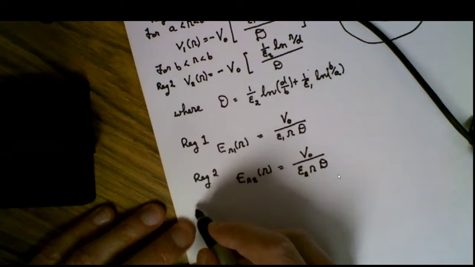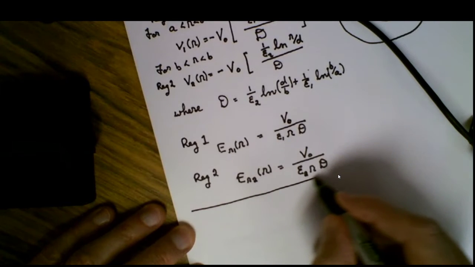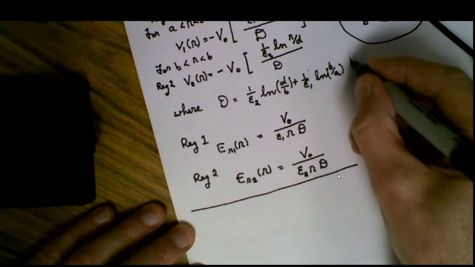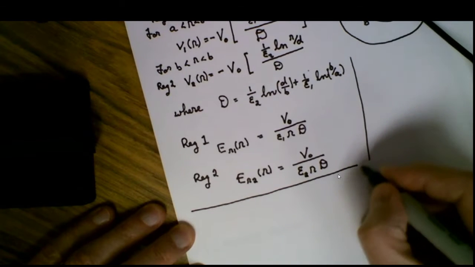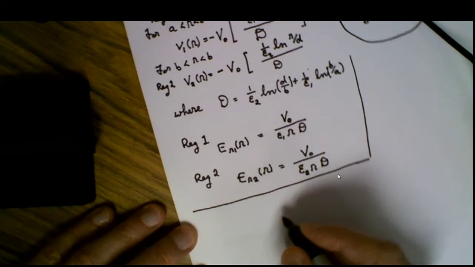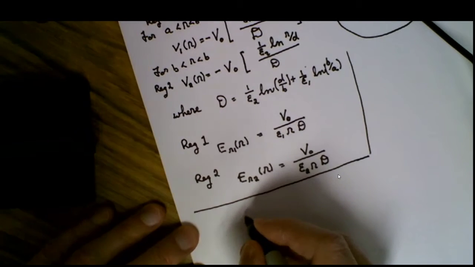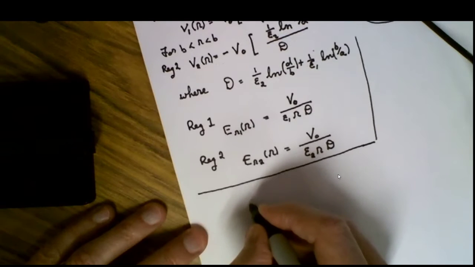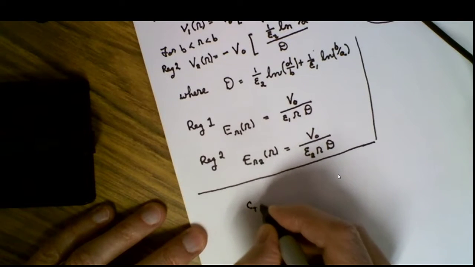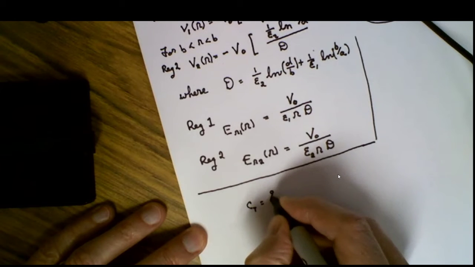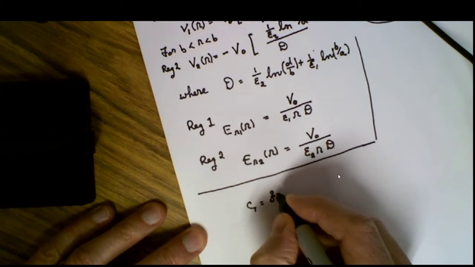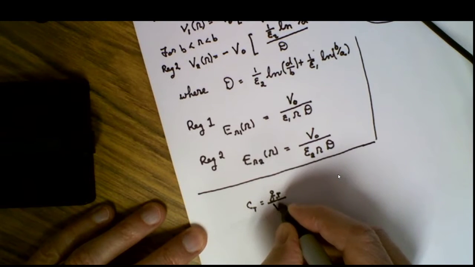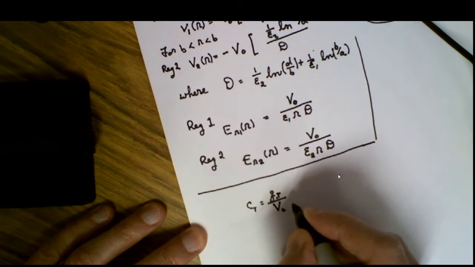So this is where we ended last time we met. Our task now is to determine the capacitance, the total capacitance. Let's write down the definition for the total capacitance. This is going to be equal to the total charge on one of our bodies, the most positive body, divided by the potential difference between the two bodies.